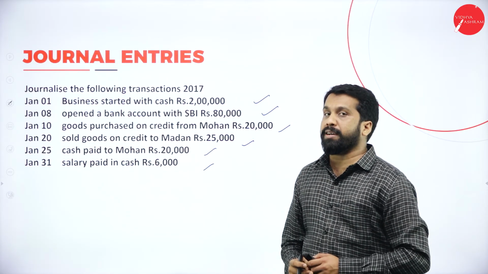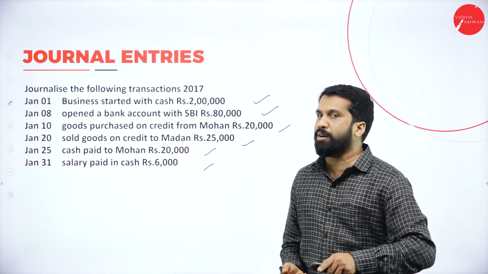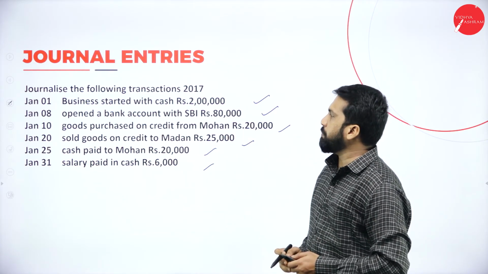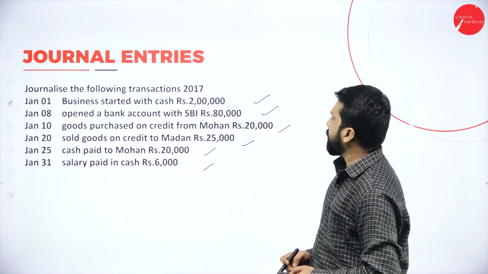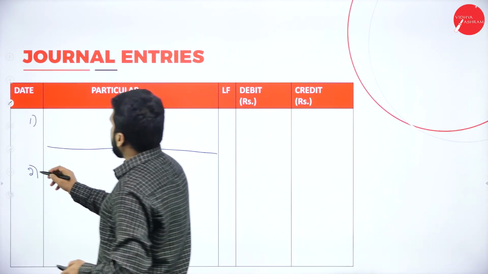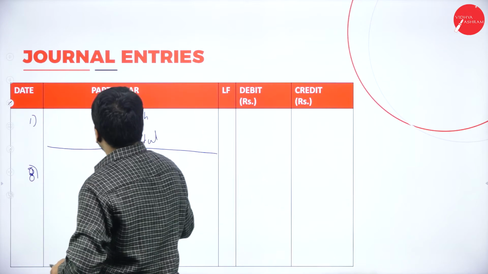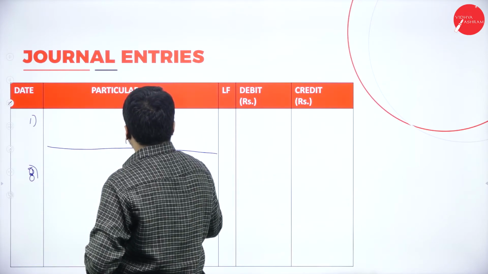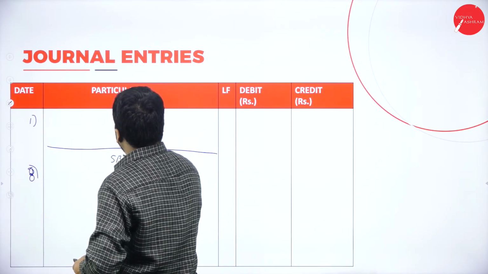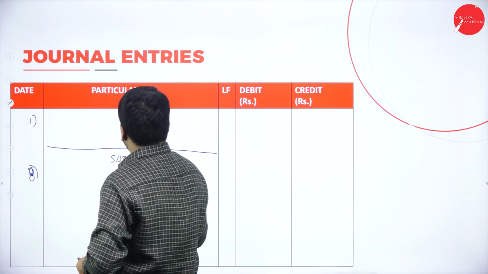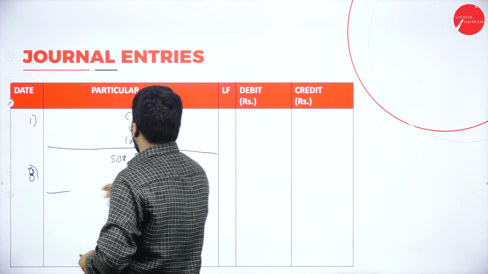If you want to open a bank account, you have to pay cash. Cash should be credited. To whom are you paying? SBI Bank. January 8th. This will be bank, SBI Bank debit to cash. This will be your second one.